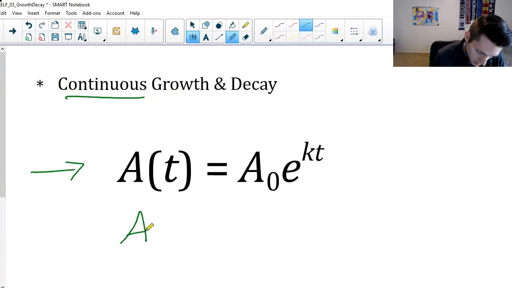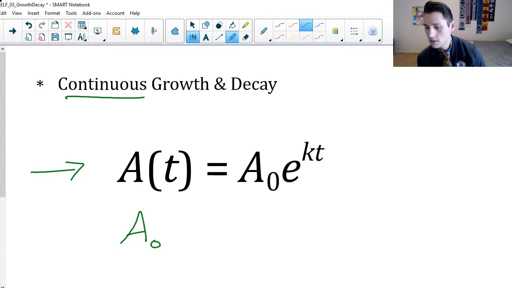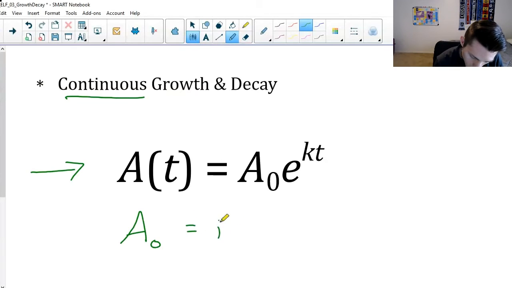So this a sub 0, or a0, is the initial amount.